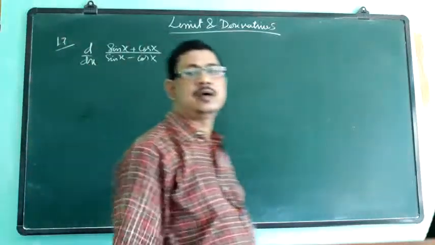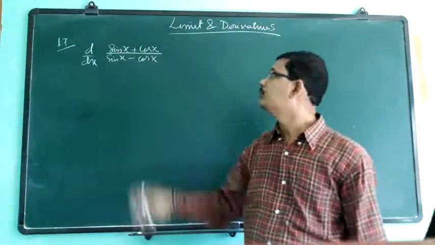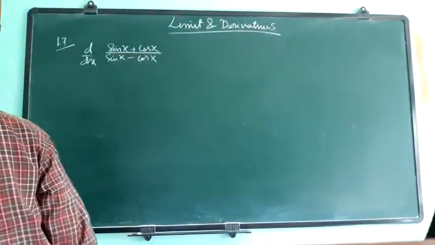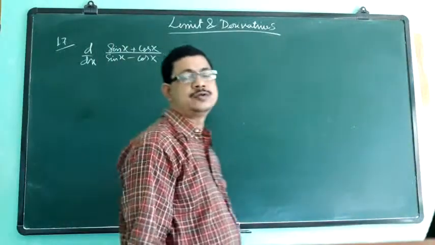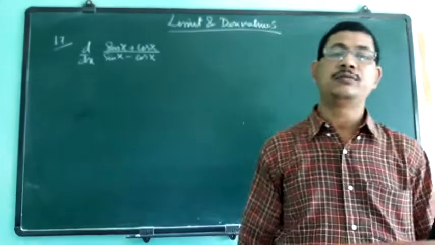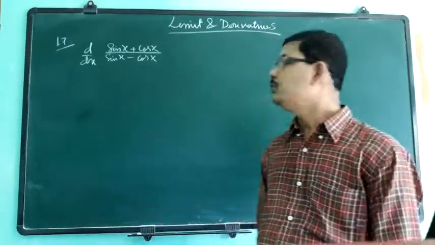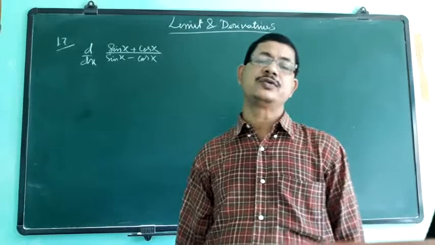So students, these things we have to differentiate. It is question number 17, and we can do this one in the form of u by v. So u by v, that we know, was what?